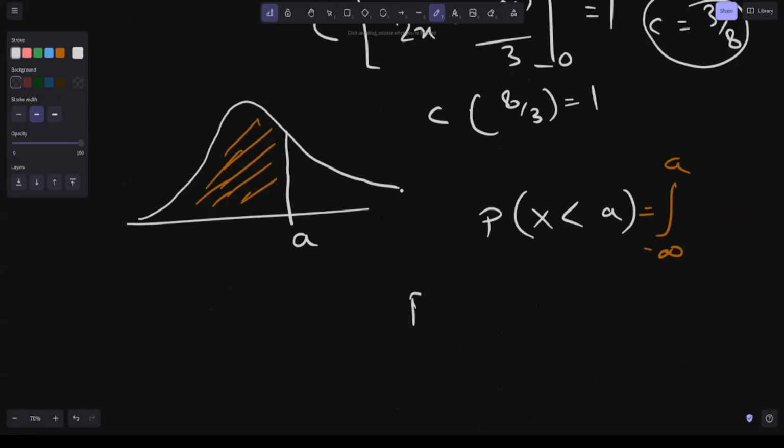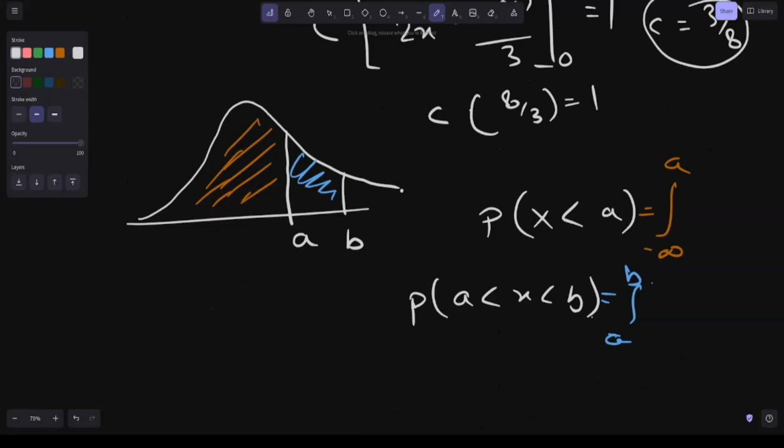Now if I give you the probability of a less than x less than b, let's say this is b, this area is the concern, so this will be from a to b. So this is how you can understand a few things which I have explained.